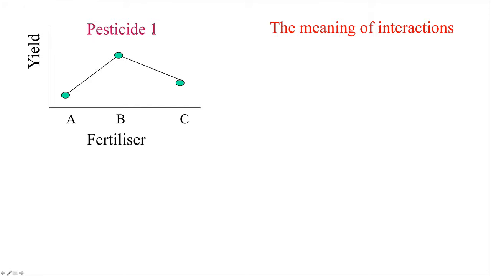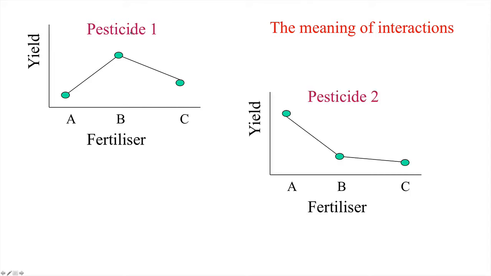But when we have an interaction, the effect of this fertilizer on yield depends on the level of this other categorical variable, in this case pesticide. So it might be, for example, that when we have pesticide 2, here B is no longer the highest yielding fertilizer, and in fact it's A.